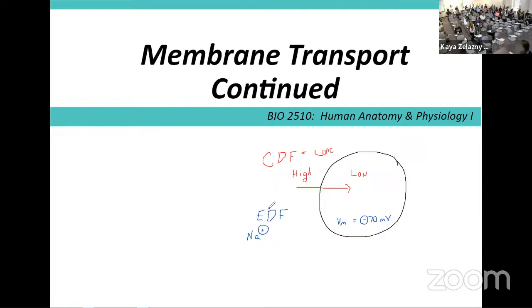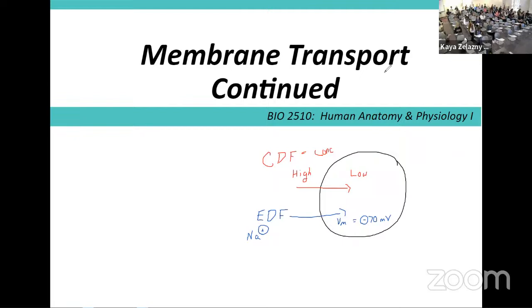This cell is negative inside. Opposite charges attract each other, like charges repel each other. So here we have a positive ion we're interested in, and we have a negative cell. Our EDF would point in towards the inside of the cell. So those are the things we're considering when we're thinking about these two forces separately, the CDF and the EDF.